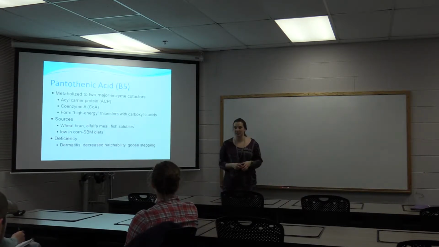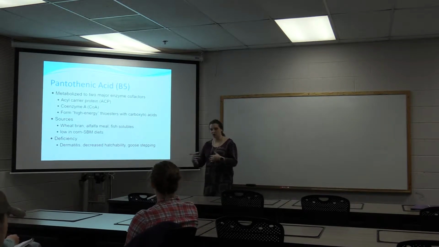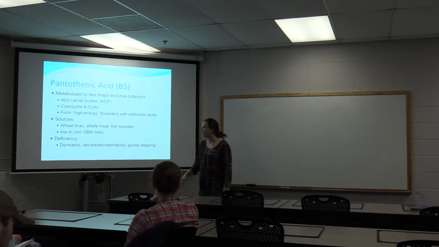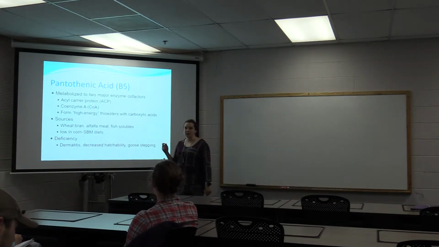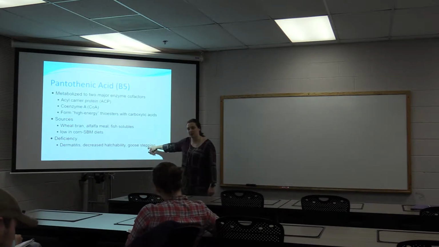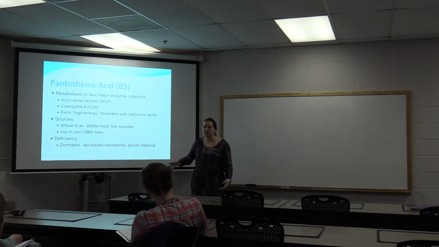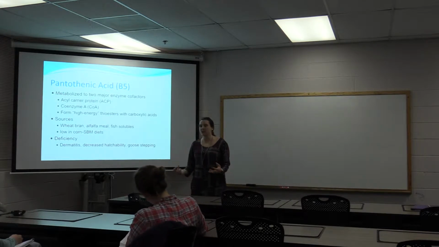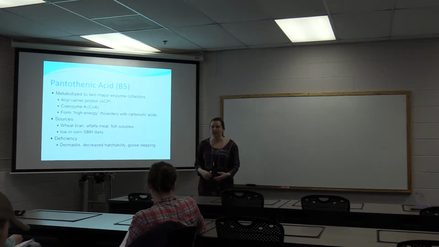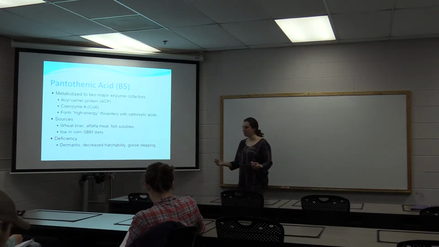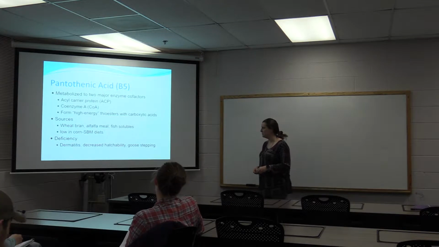It may not always keep the electrical charge going through the wire. So that's why the insulation is important. And so you get this goose stepping because animals have pins and needles in their feet all the time. And that's because they don't have the myelin sheath around, which is resulting in the pins and needles.